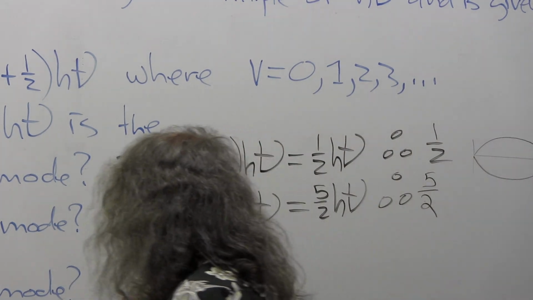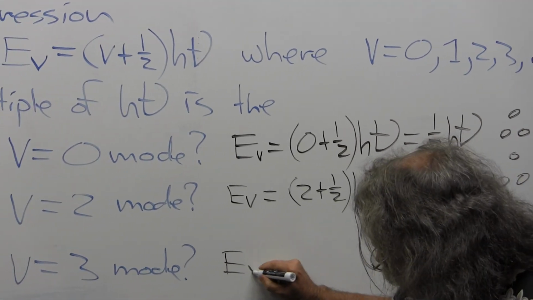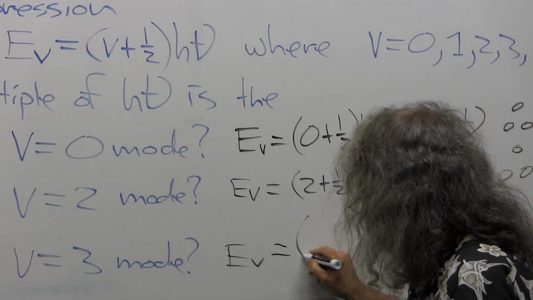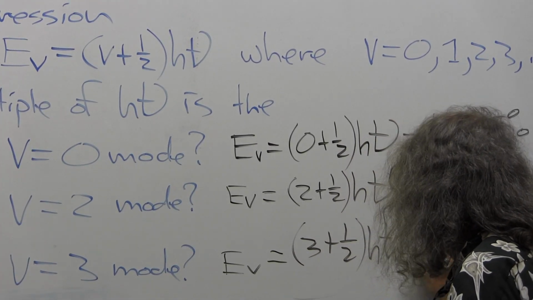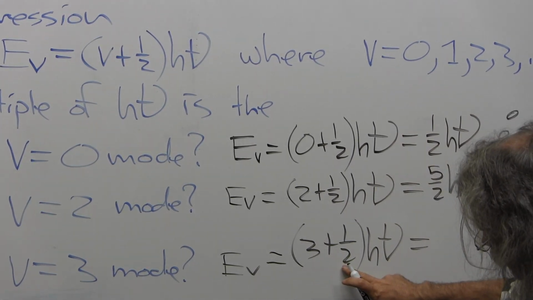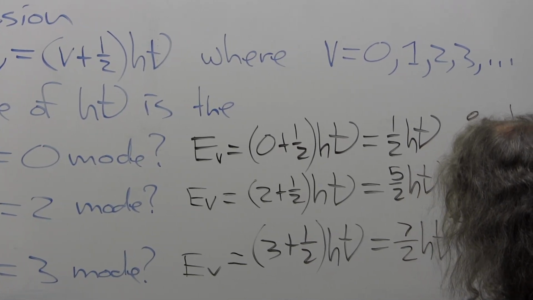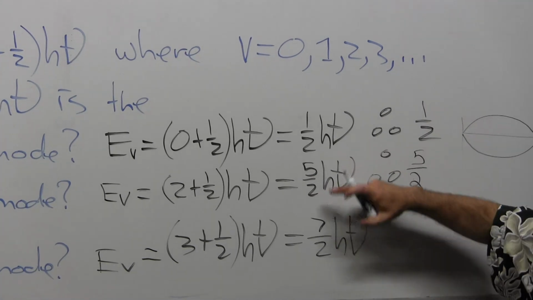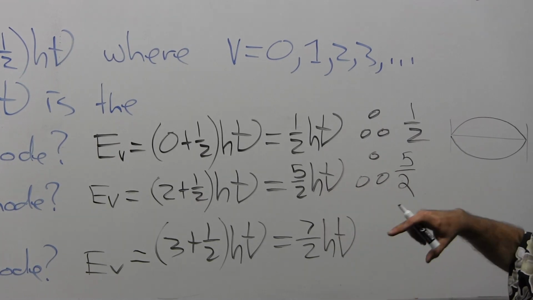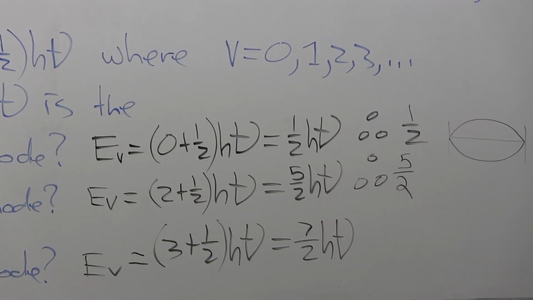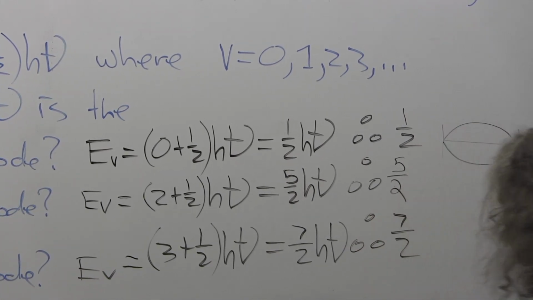And for v equals 3, we just plug a 3 in here. Now 3 plus 1/2 is going to be 7/2. And so note that the difference between the energies is going to be a multiple of h, Planck's constant, so that when we space them in energy, okay, so therefore the multiple is 7/2. And that answers the question.